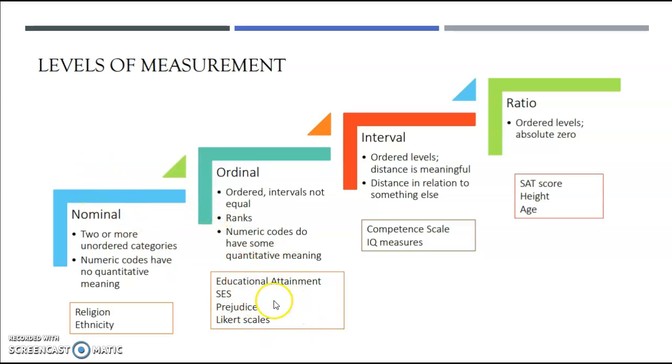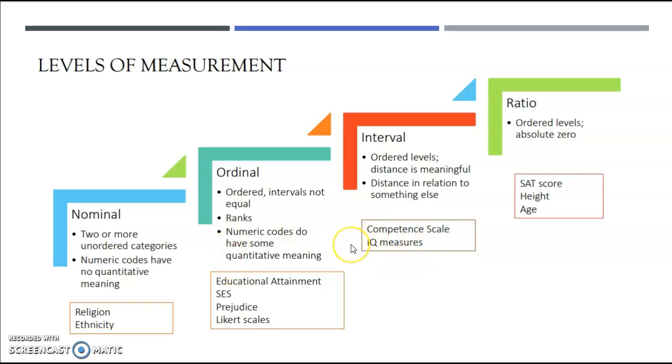Whereas ordinal, there are still no specific intervals, but those codes do have some meaning, like with the Likert scales, or educational attainment, right? If you have a PhD, you have more education than an associate's. How much more is not a specific interval, but they have meaning. Interval, there is meaningful distance, but not a true zero.